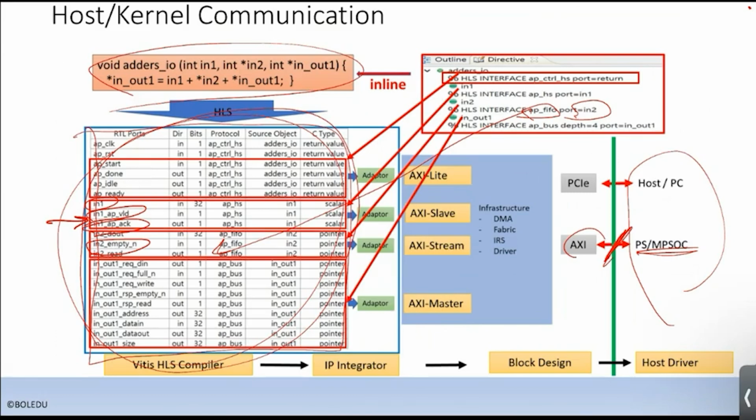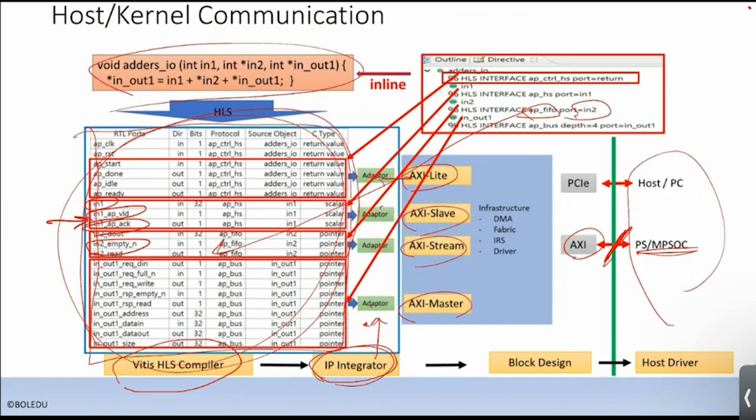Remember in lab 1 and lab 2, you have an HLS compiler, and then you generate the IP. That's the IP generator, which inserts the adapter. The adapter comes out with those interfaces, so that's why when you call the IP, you actually see this interface.